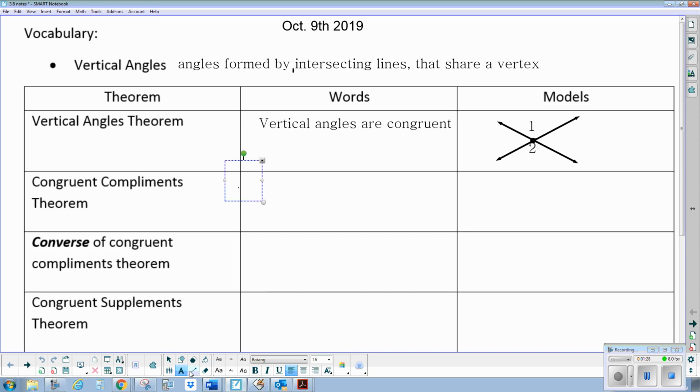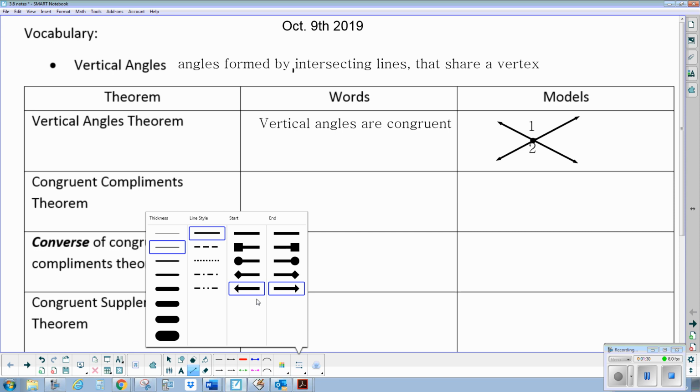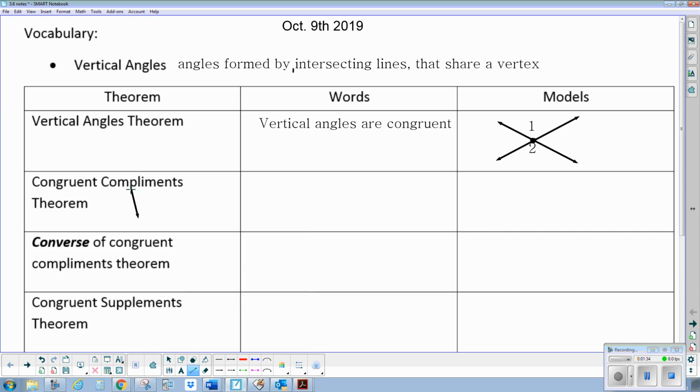If you remember the term complements, the term complement or complementary angles means angles that sum to 90 degrees. So the congruent complements theorem says that if two angles are congruent, then their complements are also congruent.